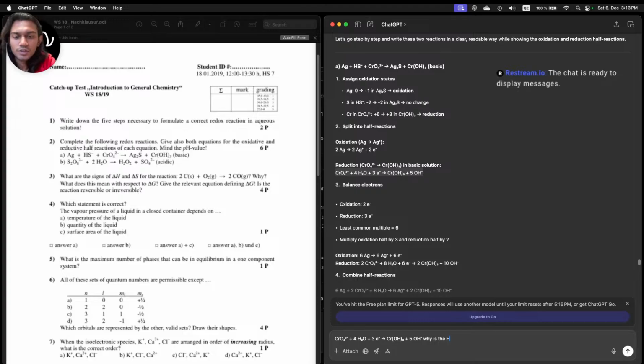Why is the H2O on the left reactant side and the OH minus on the product side?